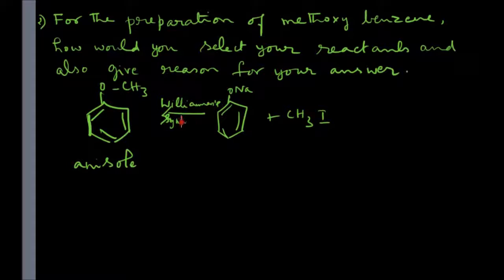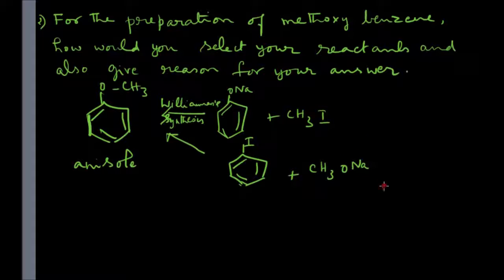You know, to get unsymmetrical ethers, that is the best method. There is another set of reactants possible to get the same compound. I can take iodobenzene and sodium methoxide.